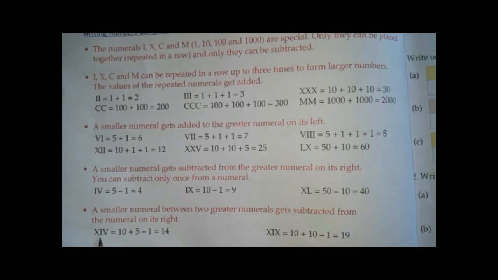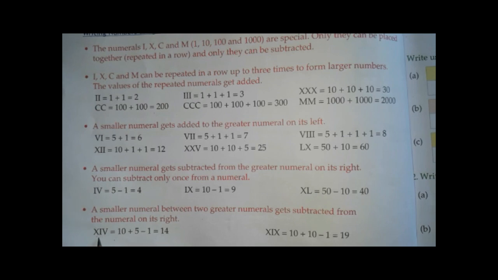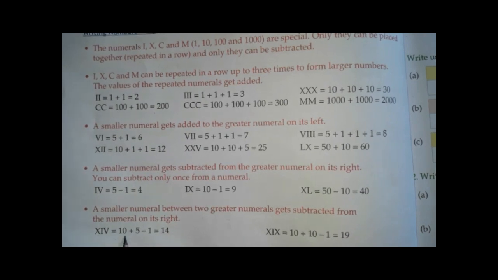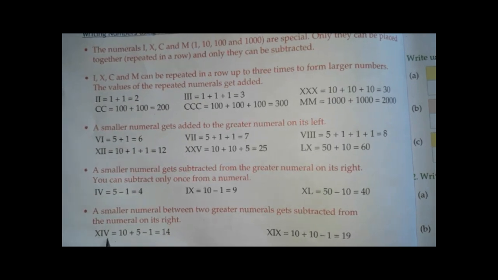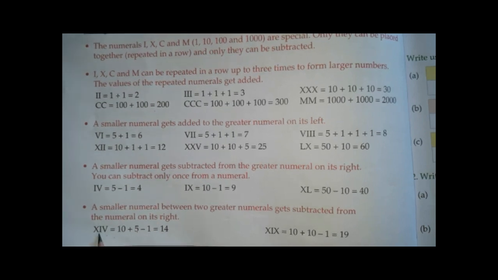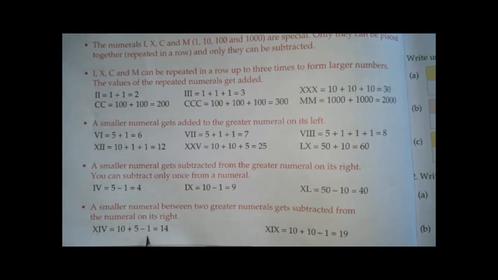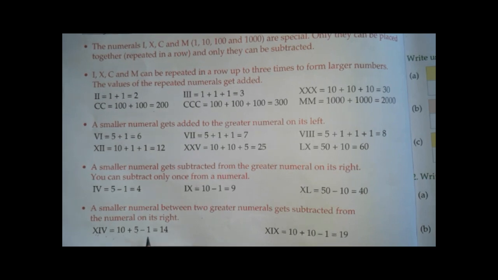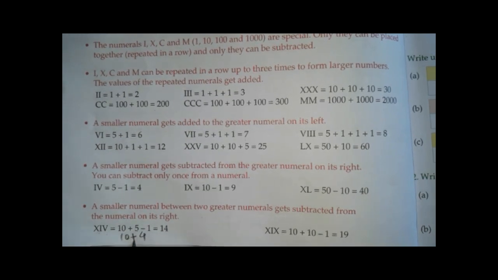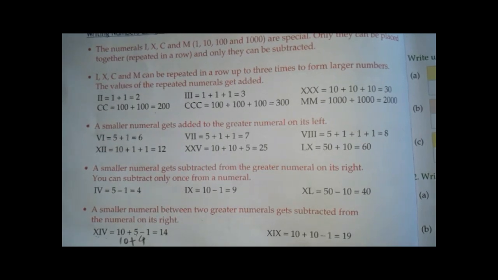To the right of I there is V, so I will get subtracted from V, meaning 5 minus 1, and this X, this 10, will be added to this. You can see here 10 plus 5, which is V, and 1 which is getting subtracted. This I means 1, and it is getting subtracted from 5. 5 minus 1 will become 4, and 10 plus 4 will be 14.